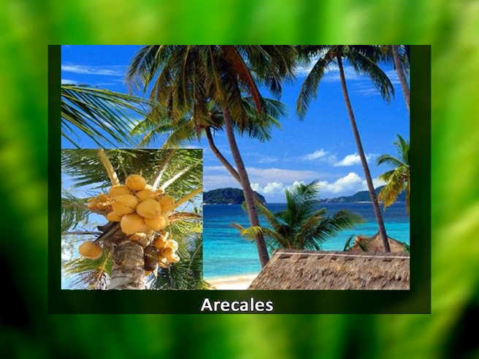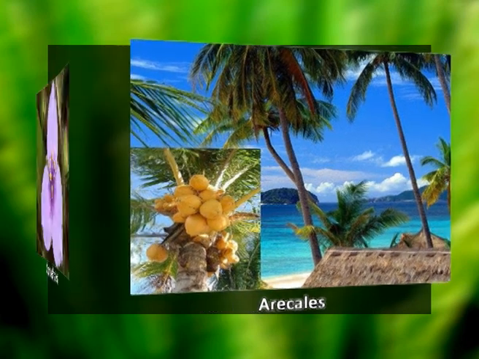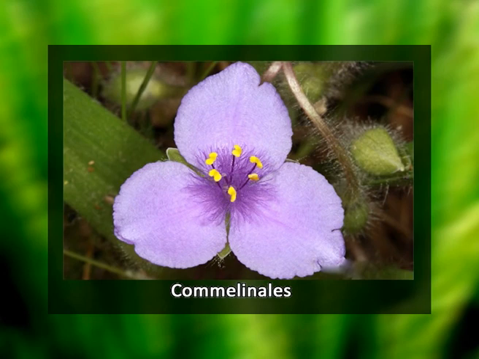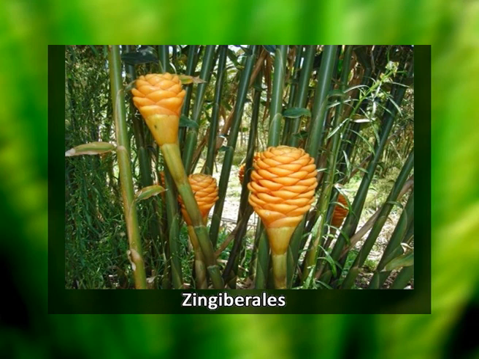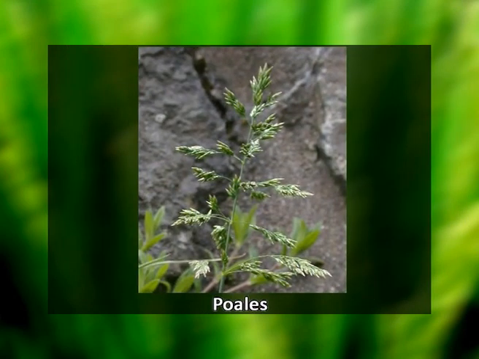Then Arecales. Arecales are the common palms, coconut tree. These are the various palm species which have been grouped under the Arecales. Then we have Commelinales. Then also Zingiberales. And lastly, the most economically important, Poales. All these orders have been recognized under the monocots.